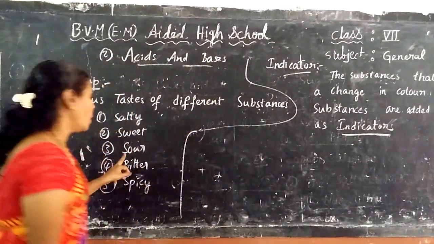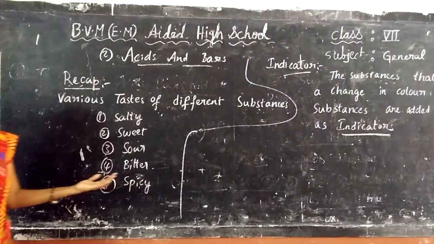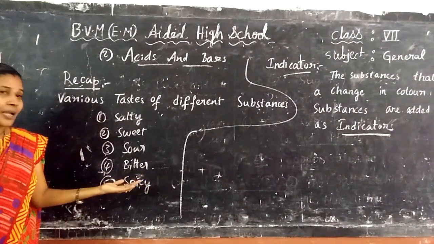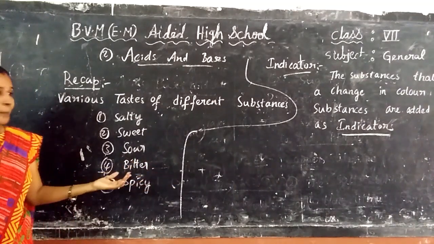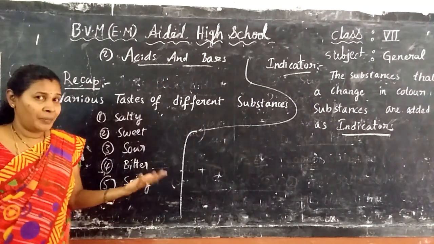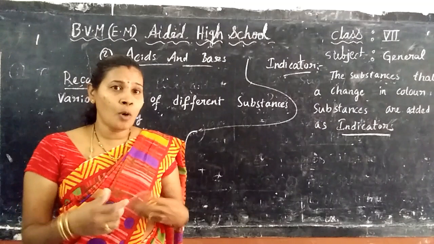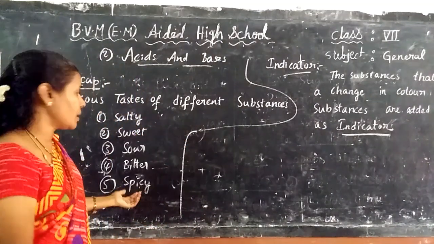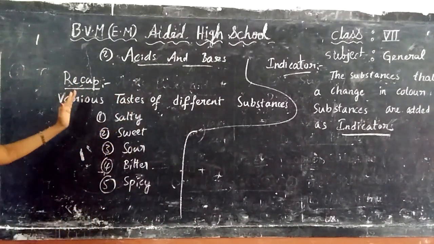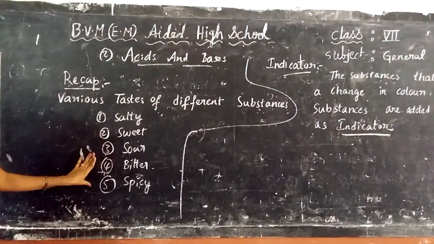These are sour in taste. Bitter means bitter gourd, so these types of vegetables have a bitter taste. And next, spicy: in biryani rice that you eat, there are so many spicy items. So these are the five different types of taste.